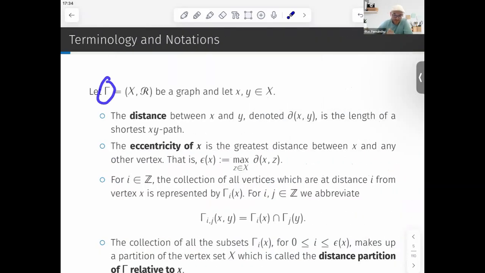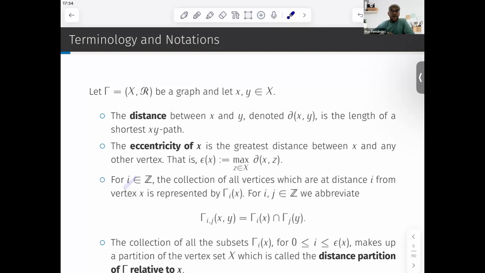Gamma will denote a graph with vertex set X. For any two vertices x and y, we mean the distance between them, the length of the shortest path connecting x and y. Given a vertex x, the eccentricity of x is the greatest distance between x and any other vertex in our graph, usually denoted by epsilon of x.